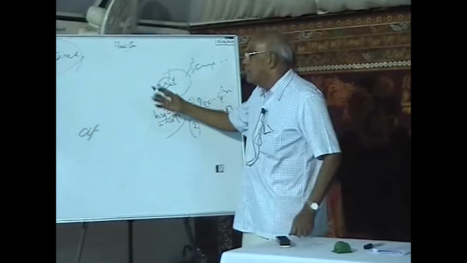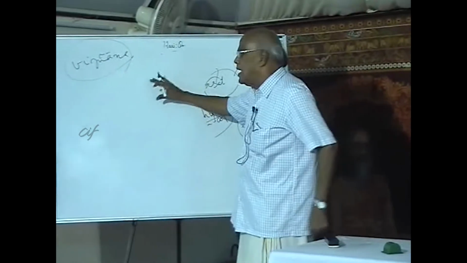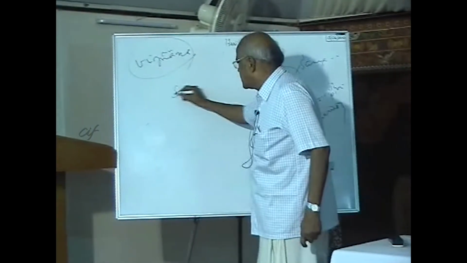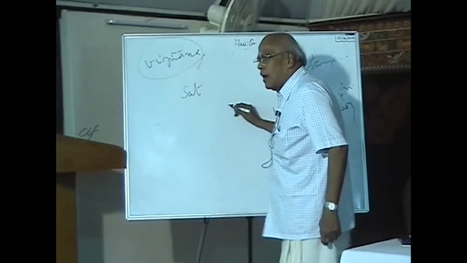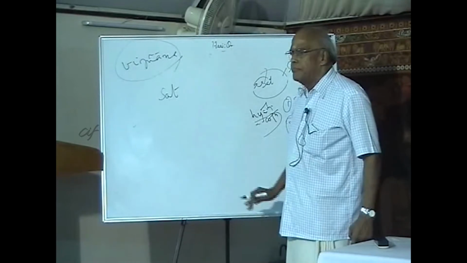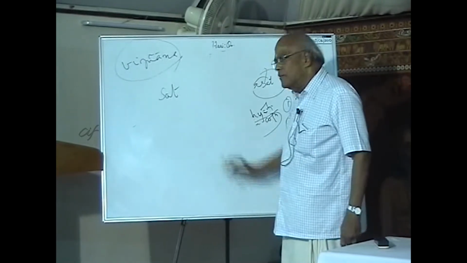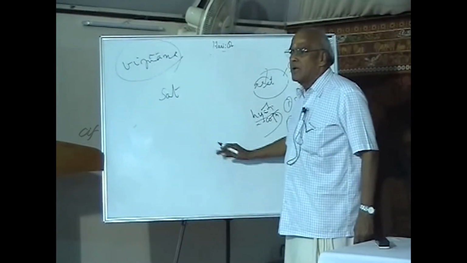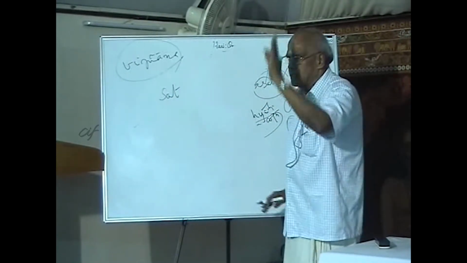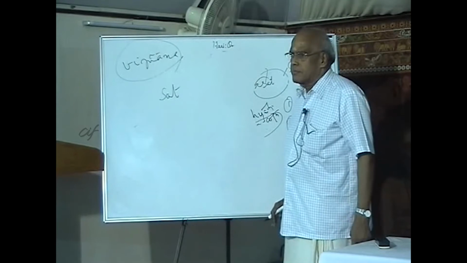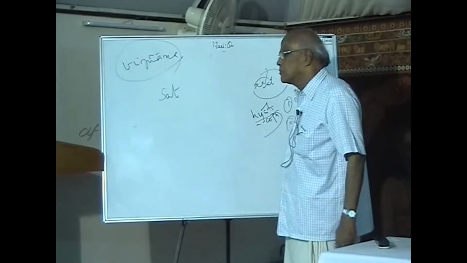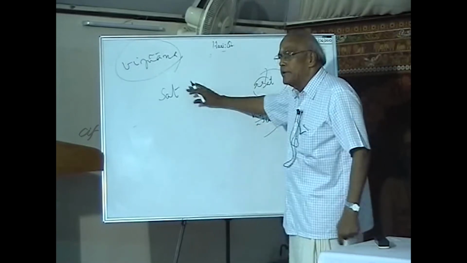Now first we have to consider the way in which he explains the categories. Sat, that which is existent is Sat. Then we will qualify it in such a way that the term Sat refers to only one entity, that is Brahman. Brahman alone is, nothing else. Brahman alone is Sat.